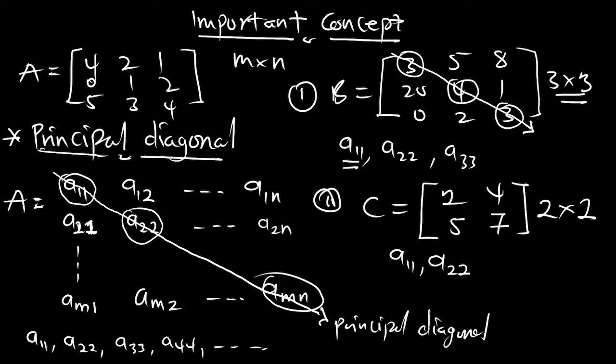So our A11 is the first one, and our A22 is the second row, second column, and this is going to be our principal diagonal. Are we okay? So all this falls on the principal diagonal line. This is how we identify our principal diagonal. We can try more examples on this. We are going to use this idea to find the determinant of a matrix, so it is better we know how to identify the principal diagonal.